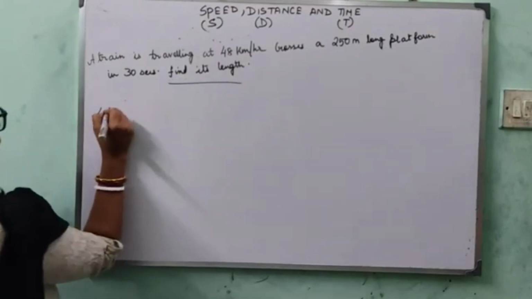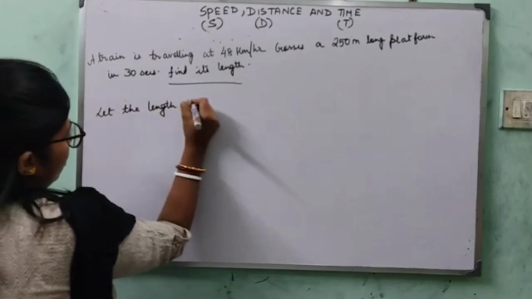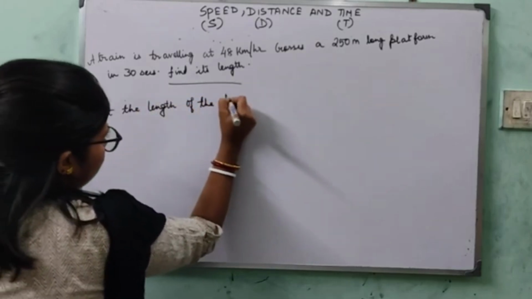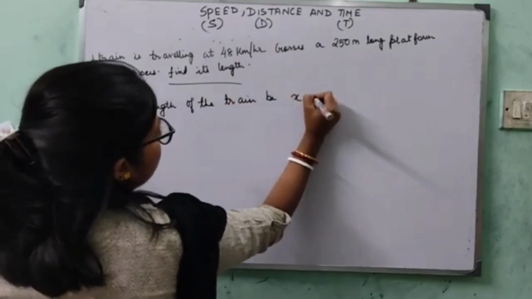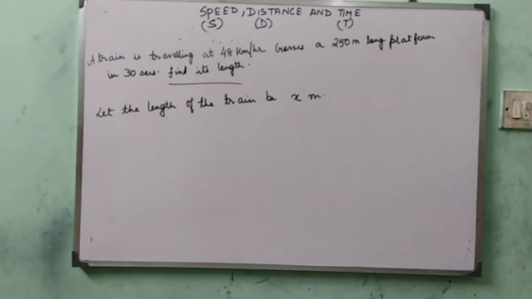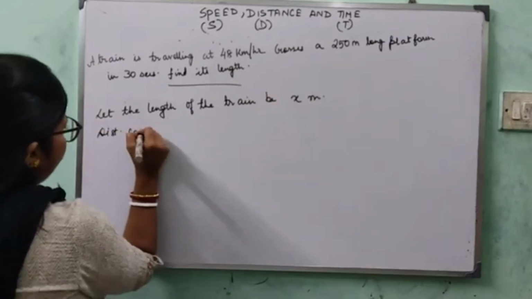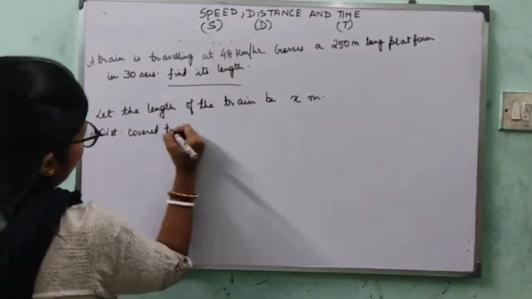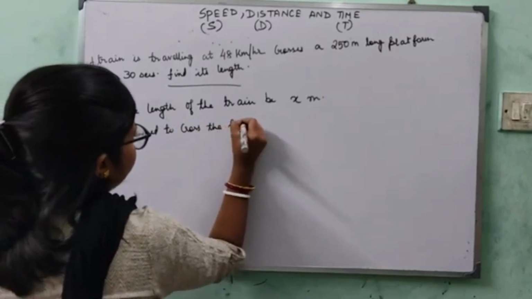So let the length of the train be x meters. So distance covered to cross the platform.